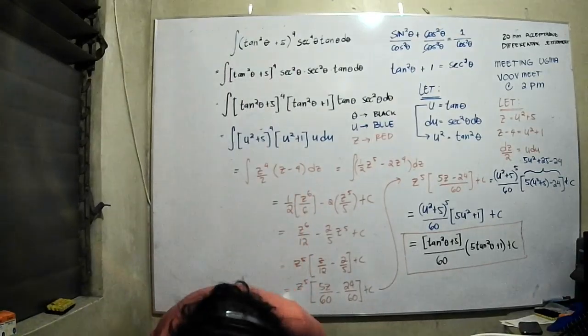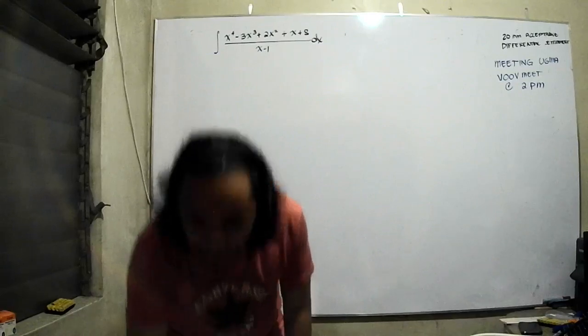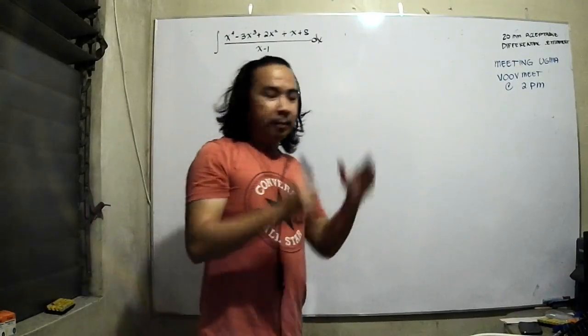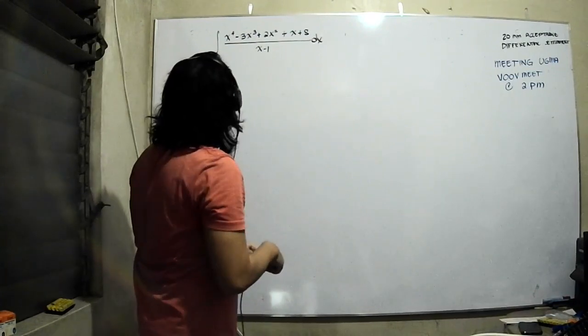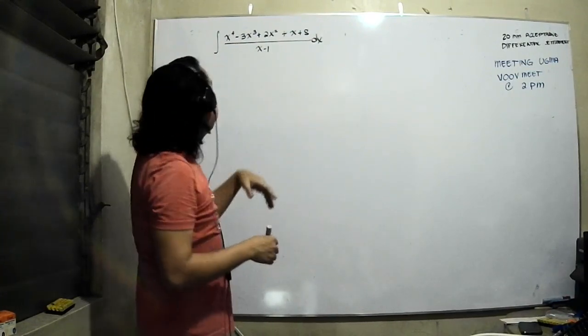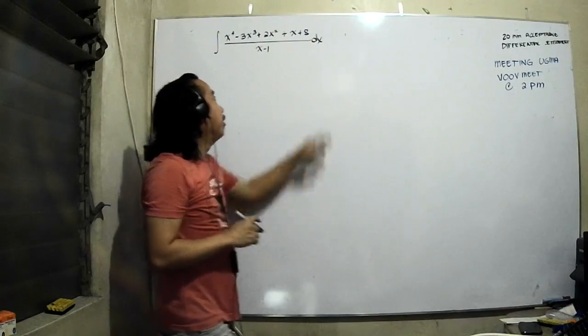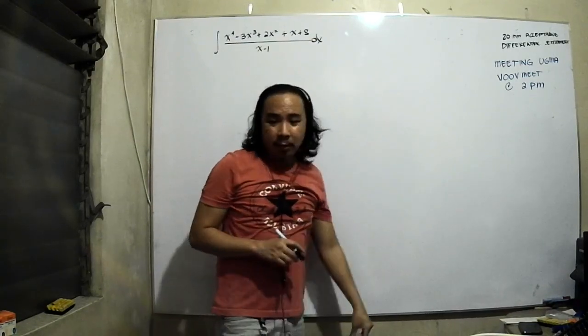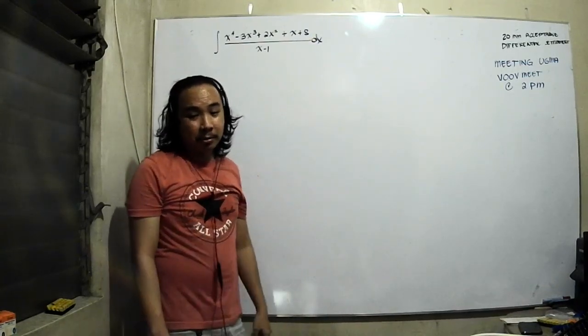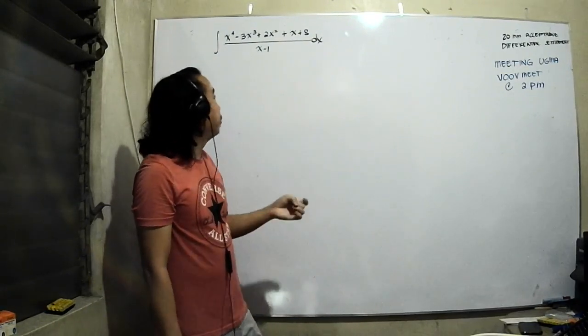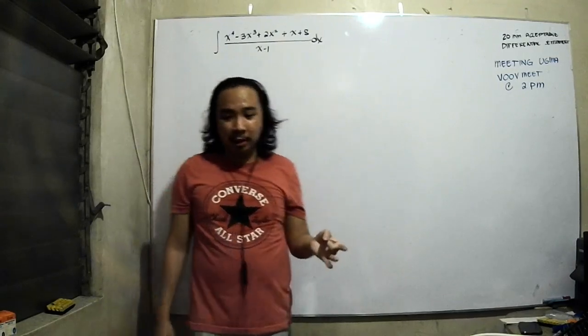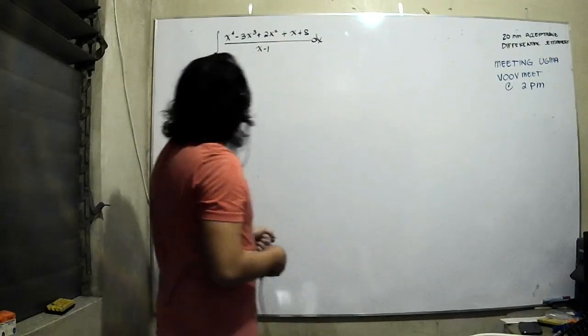Time for the next example. Okay. For this integral, we have x to the fourth minus 3x cubed plus the rest here. Now, we do not have an exact formula for this expression, so what we do is manipulate it.